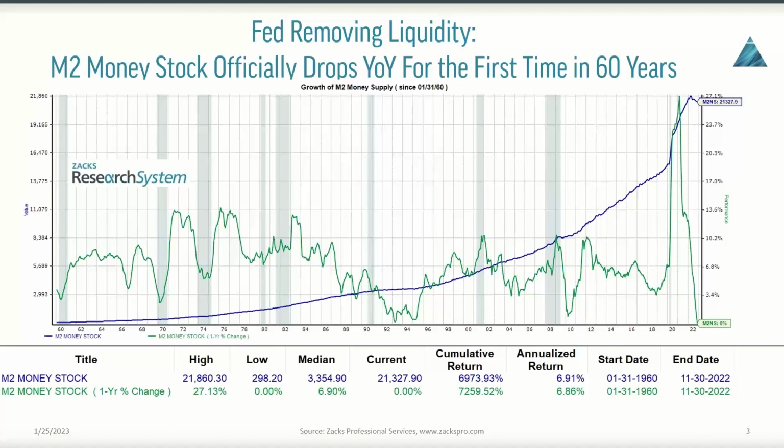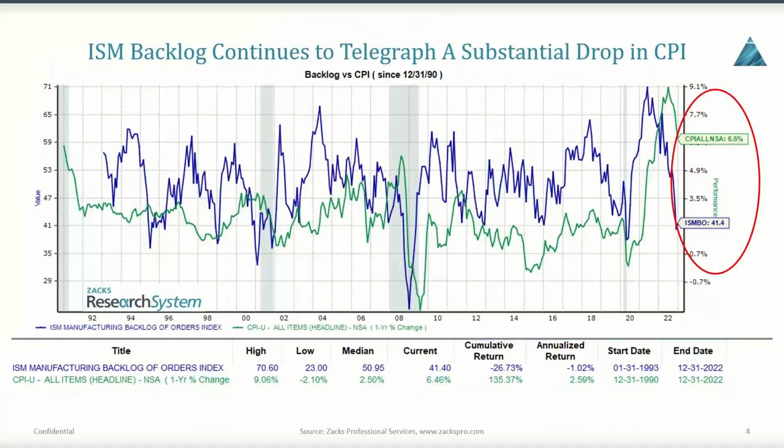We have stocks trading at high multiples well above long-term averages across the board in virtually every sector. And so the Fed is fighting inflation by removing liquidity, and that to me is a bearish signal on where multiples are going for equities across the board.